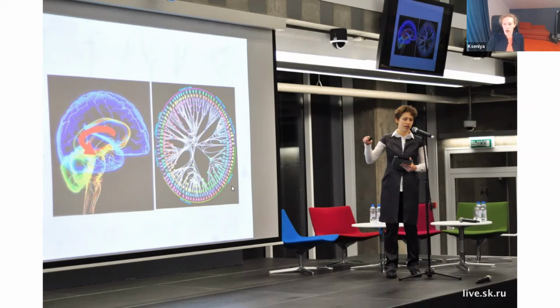In addition, if we know the connections, it doesn't mean that we know the protocol of how the information is transmitted from one part of the brain to another. So the connections don't mean everything.